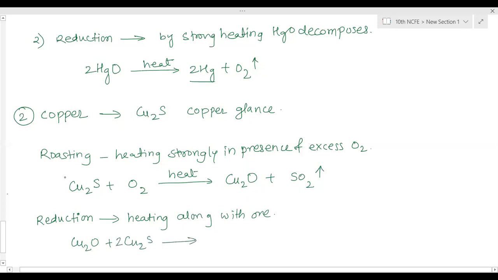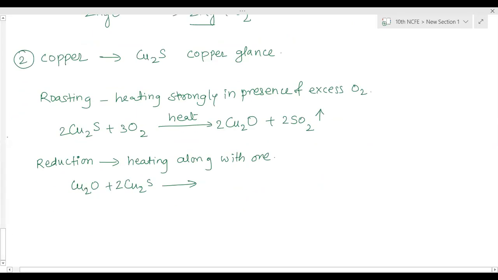The copper oxide combines with copper sulfide, the ore, and then it will form copper, and sulfur dioxide again moves out. So 6Cu plus SO2. This SO2 moves out, leaving behind copper, which is about 90% pure copper.